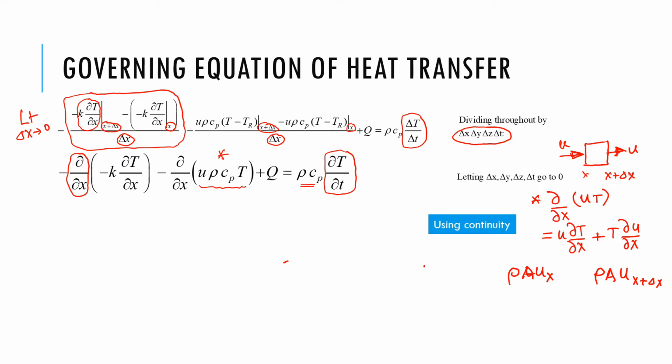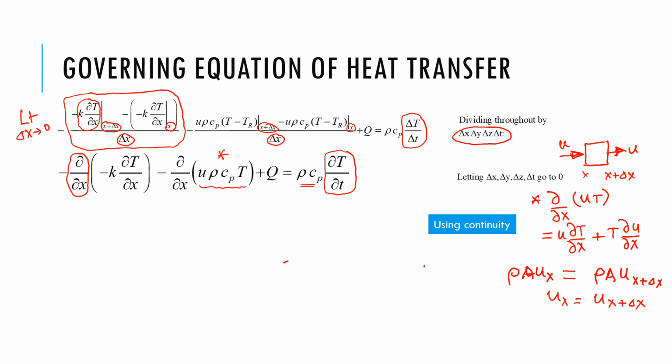The mass flow has to be the same unless we allow mass to accumulate, which means it's more like a compressible system. We're not allowing that. So the mass coming in should be equal to the mass going out. And if it is a constant density system, as we just said, then ux is equal to u at x plus delta x.